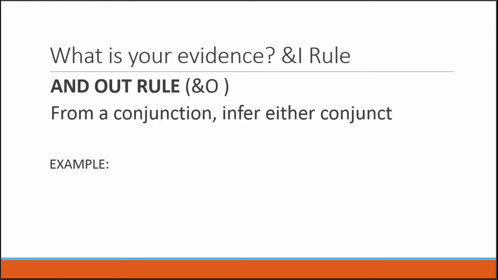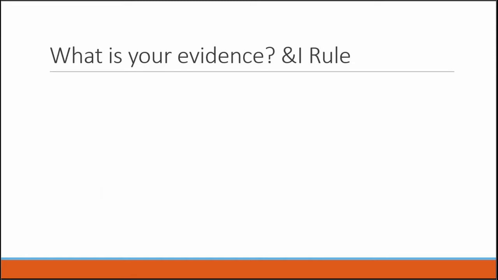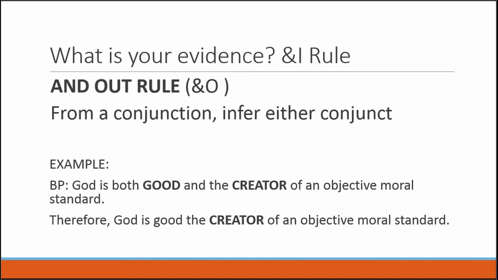Here's an example. Basic premise. God is both good and the creator of an objective moral standard. From this statement, which is a conjunction, we may infer that God is the creator of an objective moral standard.